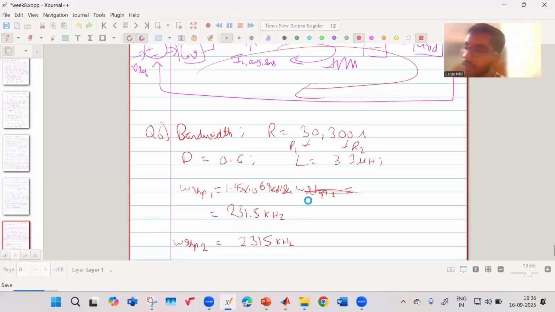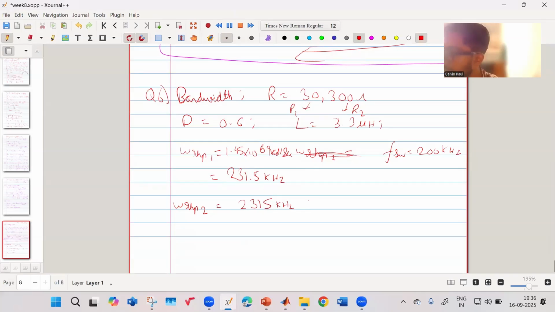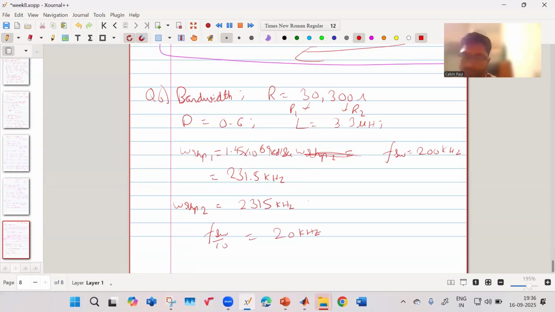They have also mentioned your switching frequency is 200 kilohertz. So what is your FSW by 10? 20 kilohertz. Yeah. So which bandwidth should I use? The minimum is 20, so we'll have to go with 20 kilohertz.